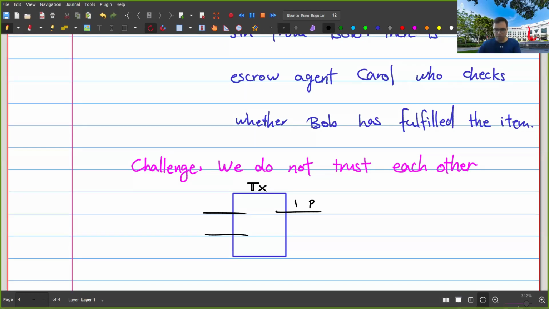So let's say, for example, 1 Bitcoin. But instead of paying Bob directly, or instead of saying that Carol can spend it, I just say that it requires signatures from both Alice and Bob.